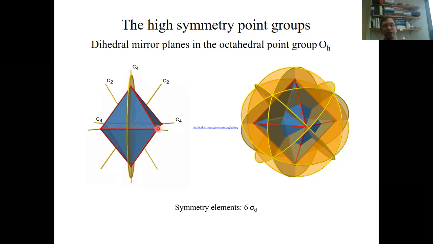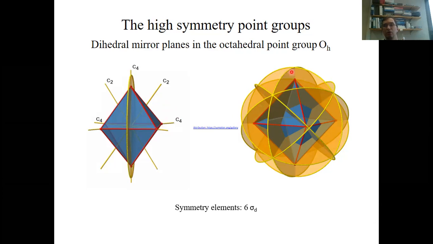It would actually go through these two opposite edges. It would bisect these two opposite edges. And then that doubles the number of the dihedral mirror planes. Then we have not 3 dihedral mirror planes, but 6 dihedral mirror planes. So oversight on my side.